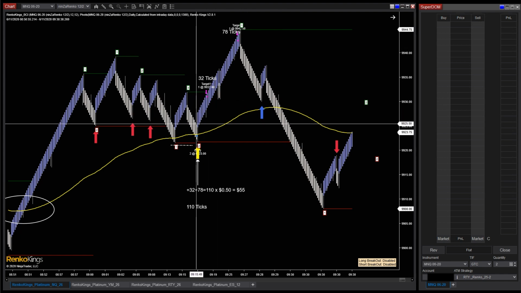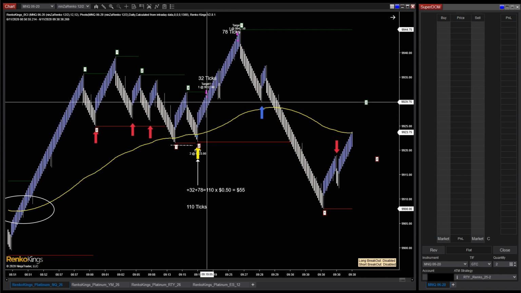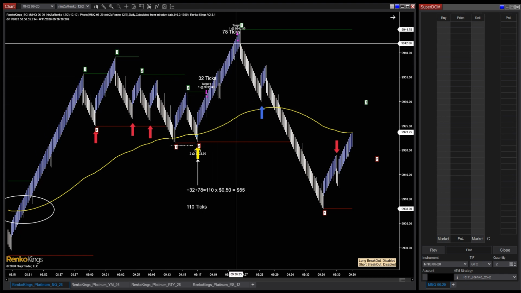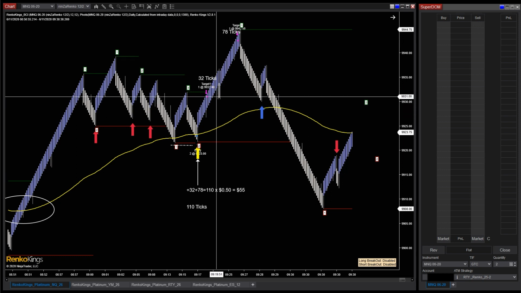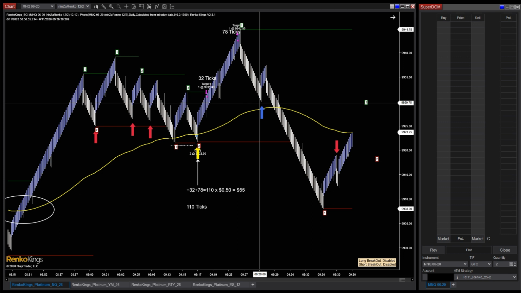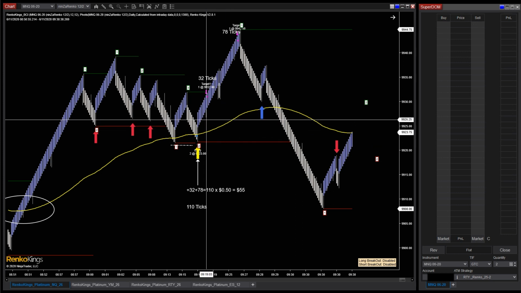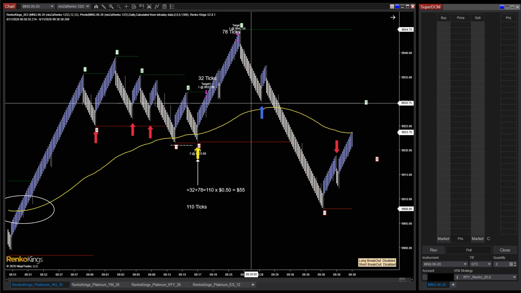If this was just a straight continuation, I had nowhere to trail from. And this had pulled back, and this was my first pivot. I would have moved my stop from behind this wick to this pivot point right here.